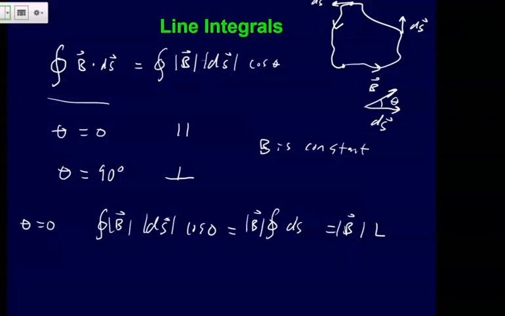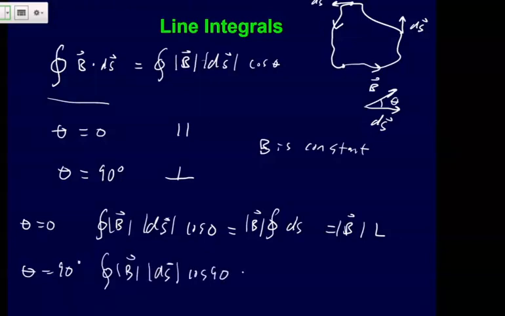In the other case, it's actually going to be easier. When theta is 90 degrees, cosine of 90 is 0, so the whole thing is just 0. So there really will only be two times we'll be doing this integral, and it'll work out to be either B times the length of whatever we're talking about, or in the other case, 0.